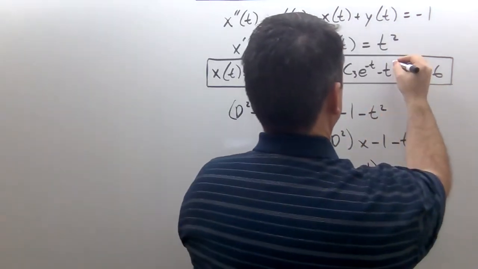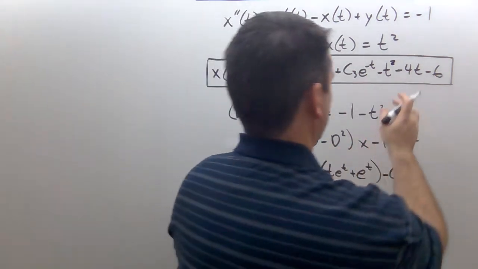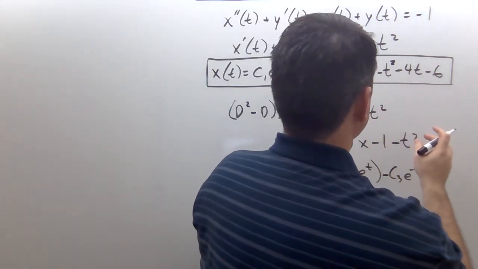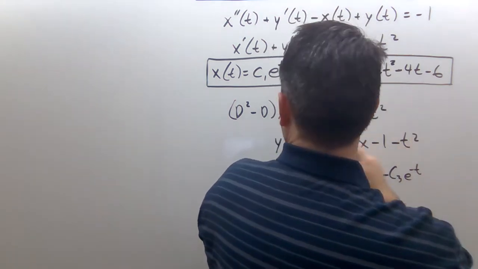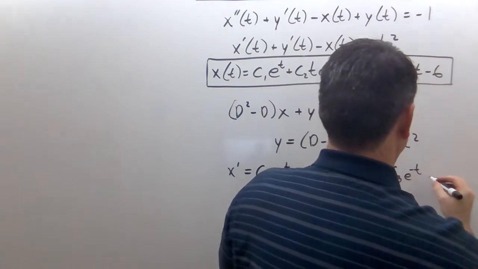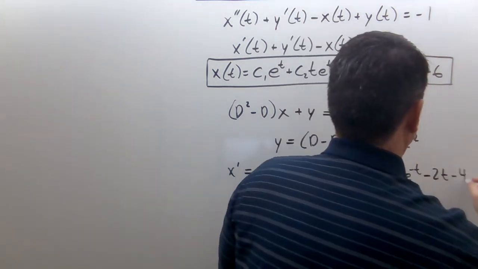Wait, this should be t squared, right? Yeah. And so the derivative of that is going to be minus 2t and then minus 4.